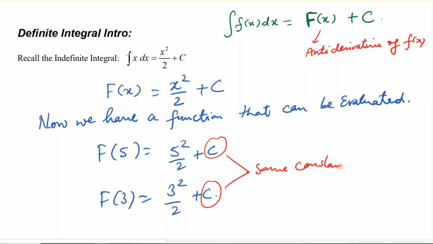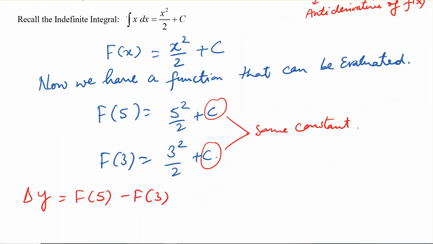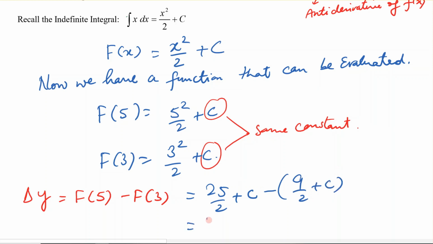Now if you want to find the change in the y value, that would be F(5) minus F(3), so 25 over 2 plus c minus 9 over 2 plus c. When you open the bracket, c and c get cancelled. You get 25 over 2 minus 9 over 2, which is 16 over 2, which is 8.